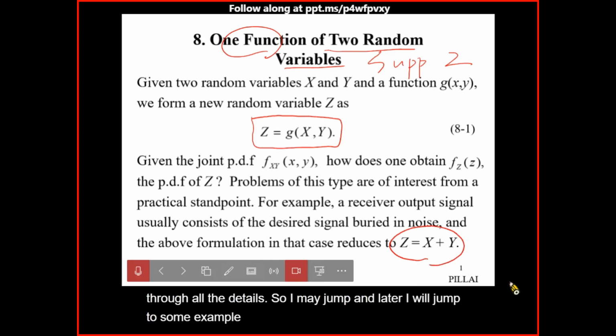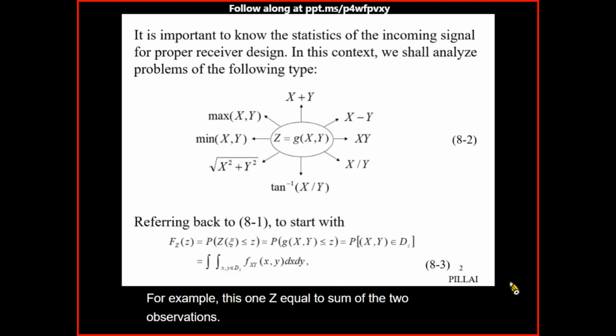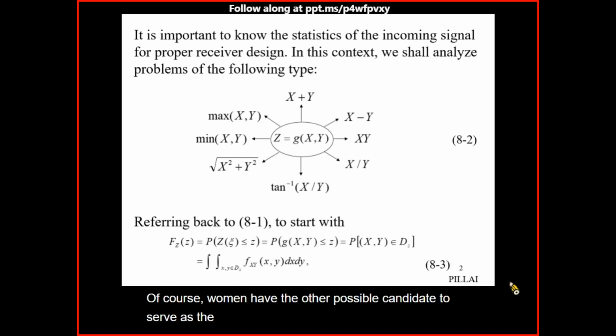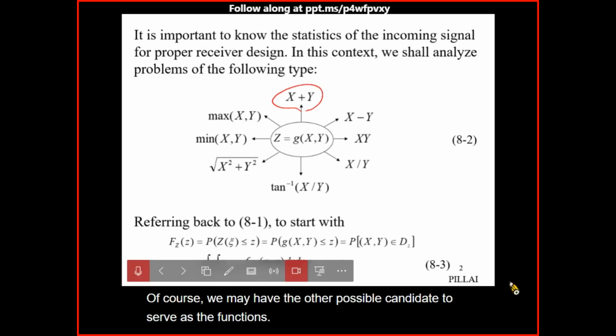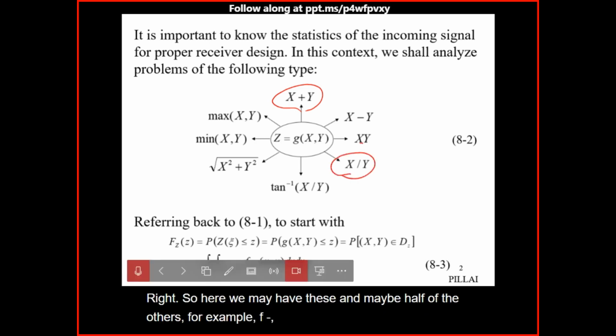For example, this one: Z equal to the sum of the two observations, X plus Y. Of course, we may have other possible candidates to serve as the functions, for example X minus Y, or ratio, or multiplication.